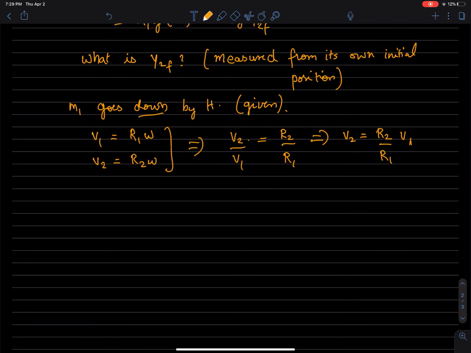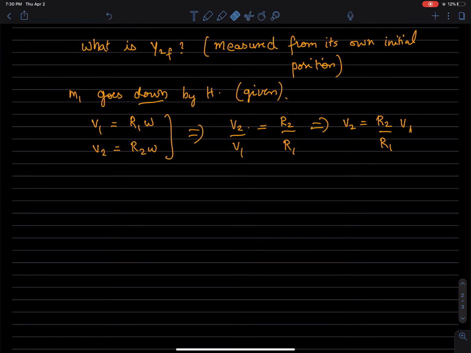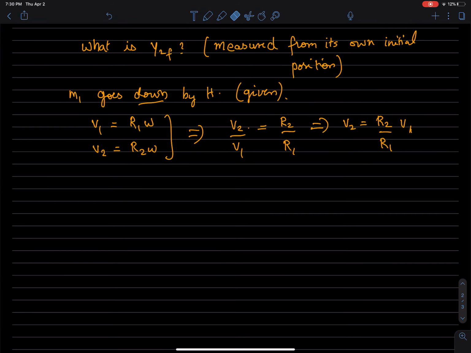This means that the velocity of mass 2 is this ratio times the velocity of mass 1, which means that the displacements are also in the same proportion.